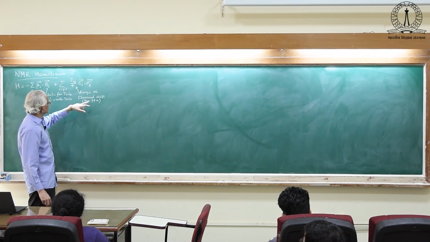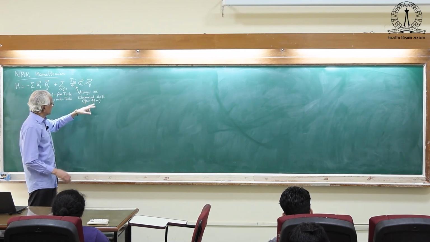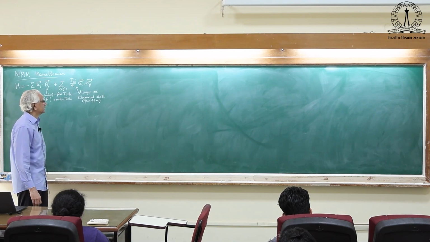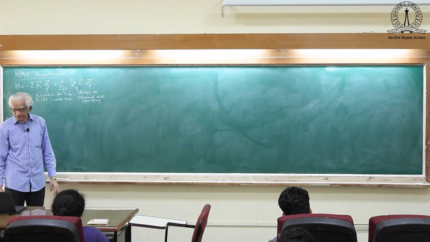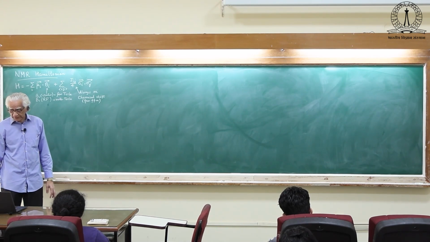It varies depending on who is neighbor of who and what is the neighboring environment of various spins, etc. But this is the typical magnitude. So we have to keep this in mind.